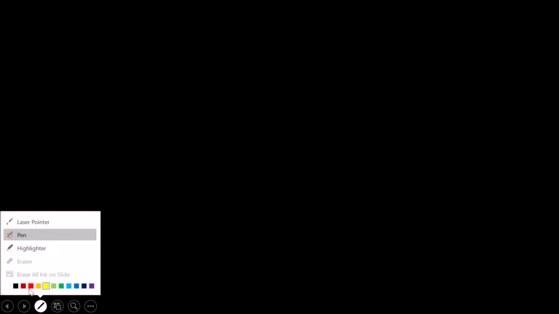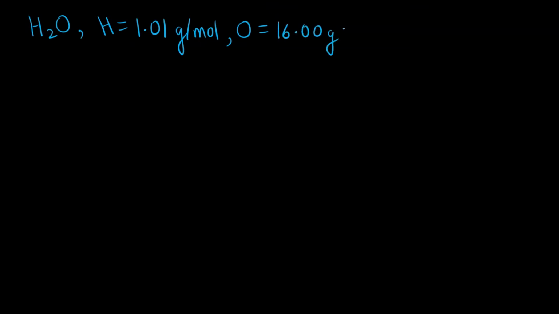Now we got mass. Now we can find out the number of moles, but for that, we have to first find out the molar mass. The molecular formula of water is H2O. The molar mass of hydrogen is 1.01 grams per mole. For oxygen, it is 16.00 grams per mole.